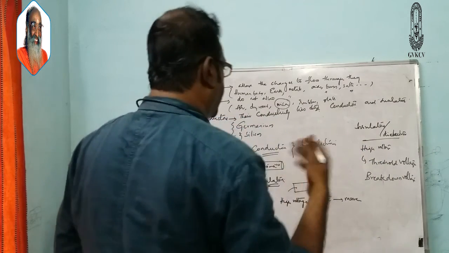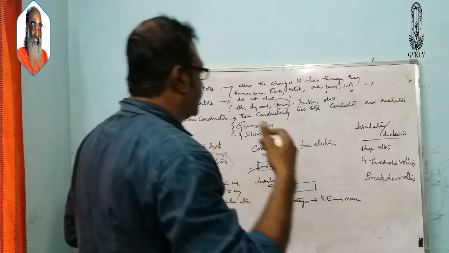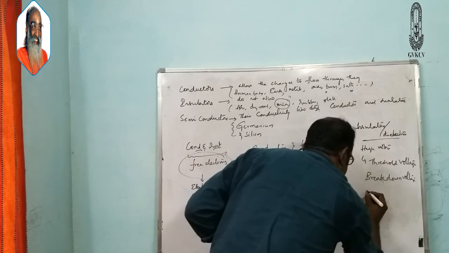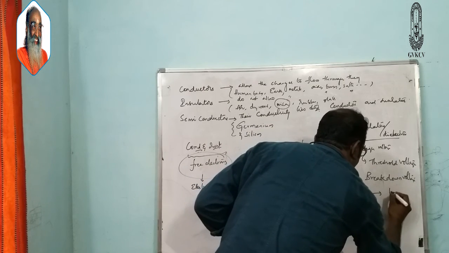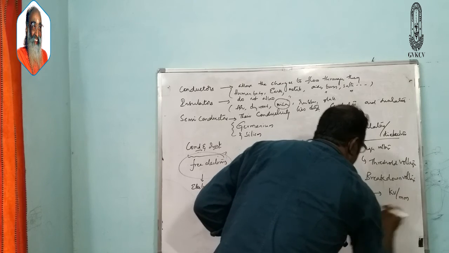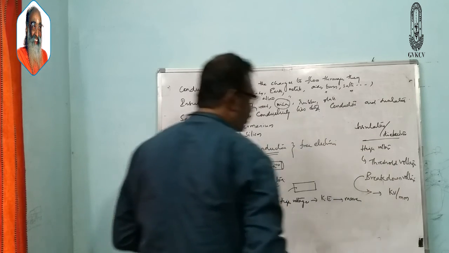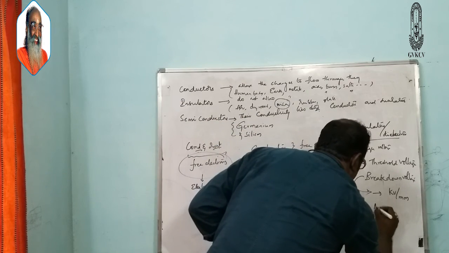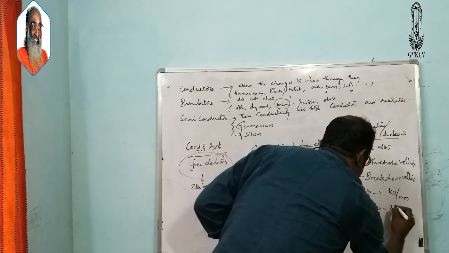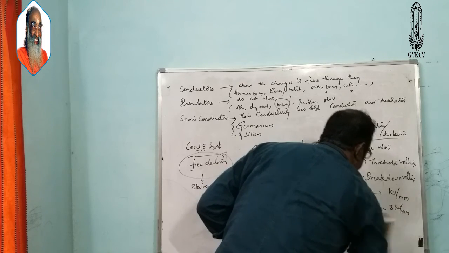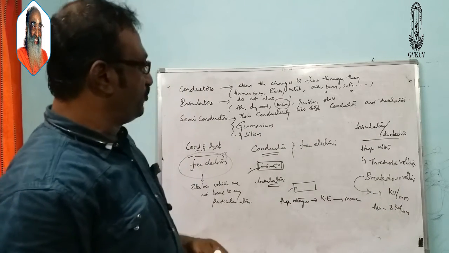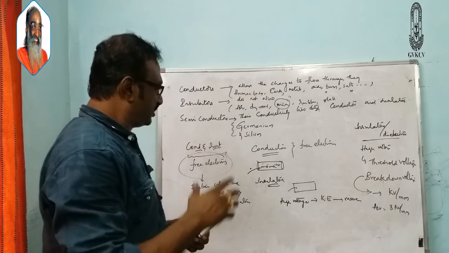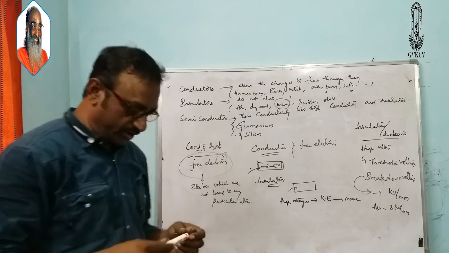Then it can allow the charges to flow through it. This breakdown voltage is expressed in kilovolt per millimeter. If you take the example of air, the breakdown voltage is taken as 3 kilovolt per millimeter. So if it exceeds 3 kilovolt per millimeter, then it can conduct, then it can allow the charges to flow through it.